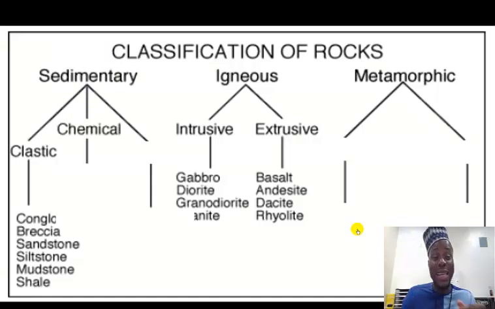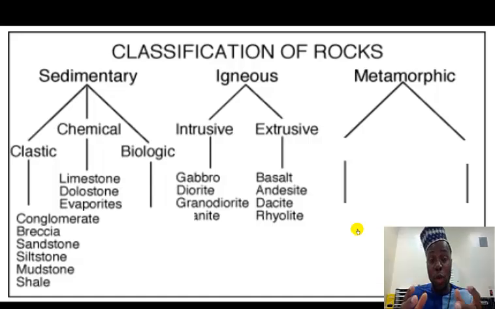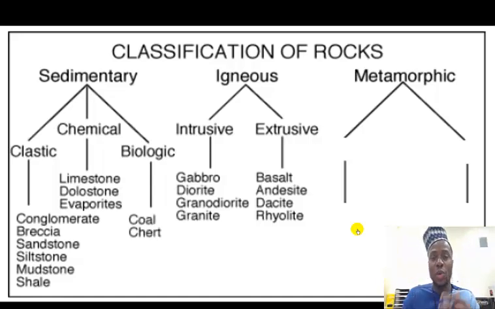The other type is the chemically formed sedimentary rock, from the development of crystals through the process of evaporation or precipitation. Common examples include evaporites, dolostone, rock salt, gypsum. And then lastly, you have the biologic or organically formed sedimentary rock, and these include coal and limestone.